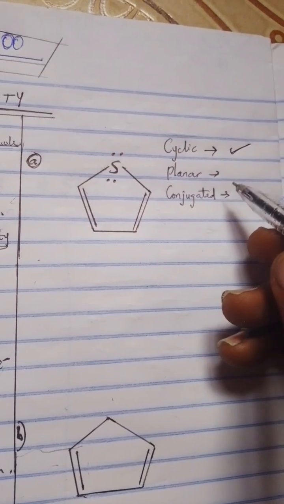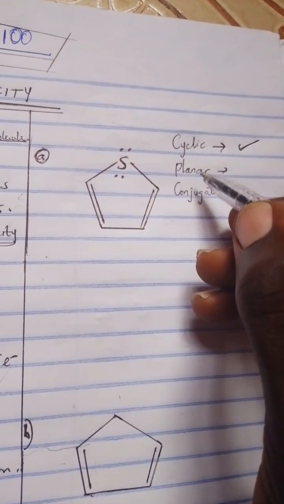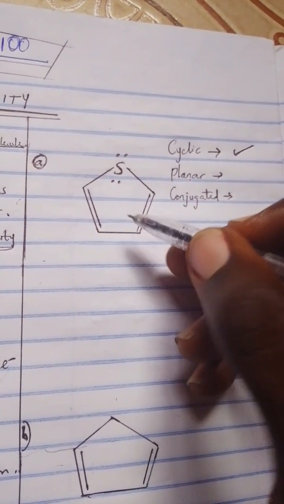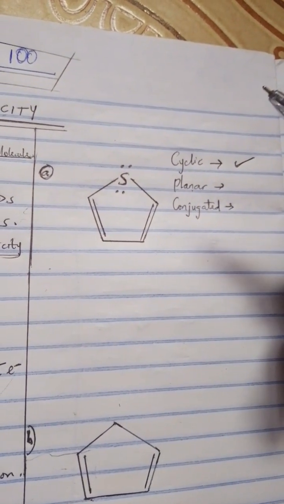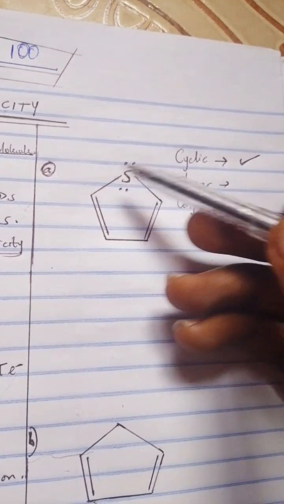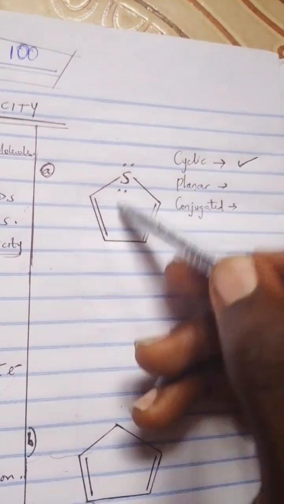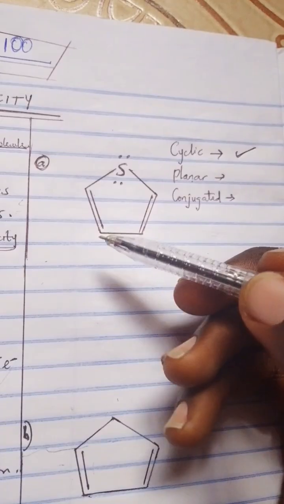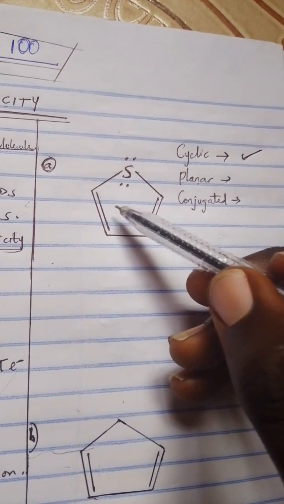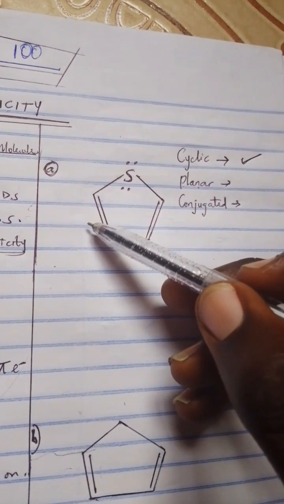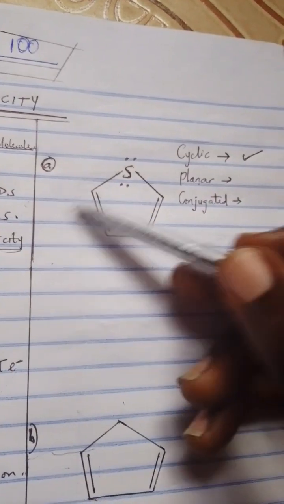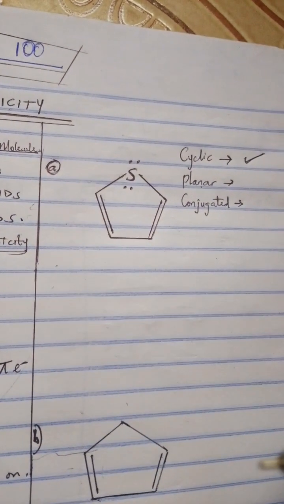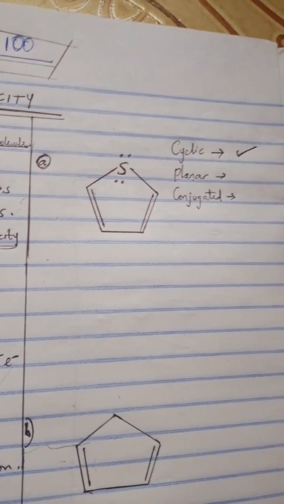The second one to know is, is this compound a planar compound? Yes, this compound here is a planar compound. In the last video I told you that whenever you want to know whether a cyclic compound is planar or not, if it has a number of carbon atoms within 3 to 7, then that compound is automatically a planar compound, that is, it is flat.